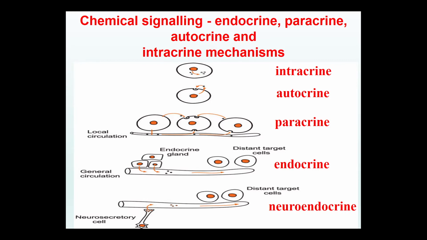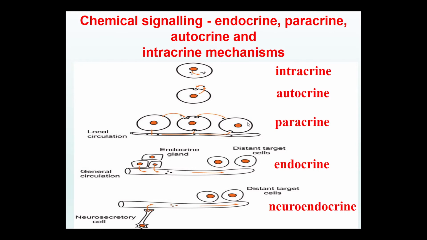In the autocrine mechanism of action, signals are produced inside of the cell, after that leave the cell and interact with receptors on the plasma membrane of the same cell. The paracrine mechanism of action is defined as chemical signaling between neighboring cells, as you can see here.